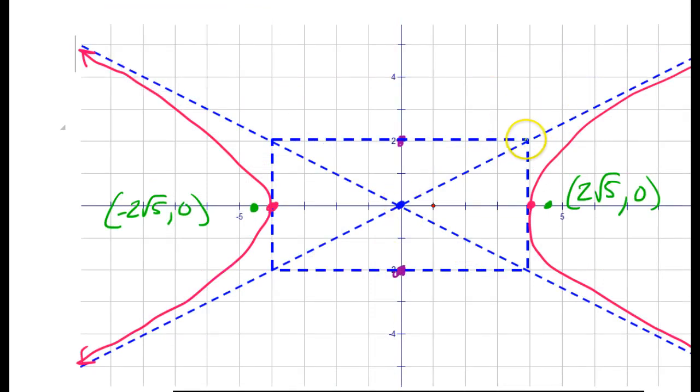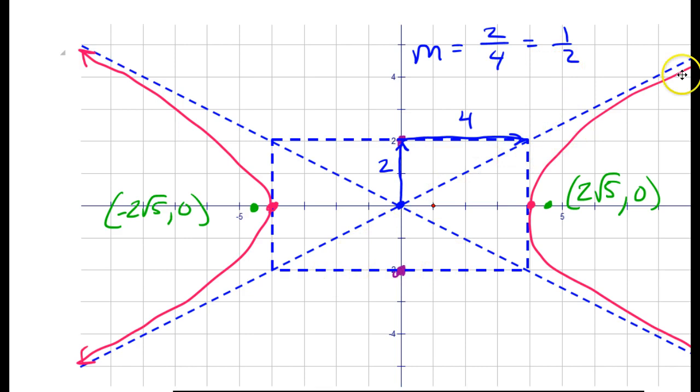If I stare at the corner of this box, I find myself thinking, up 2 and over 4. That's the rise and the run. So the slope is 2 over 4, or 1/2. Rise over run, the slope is 1/2.